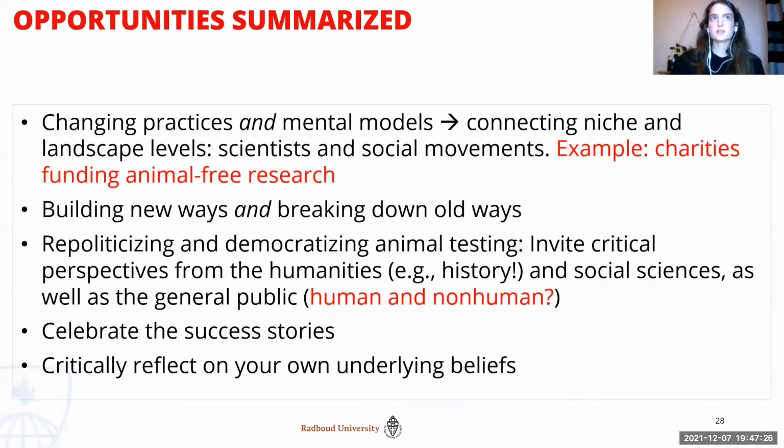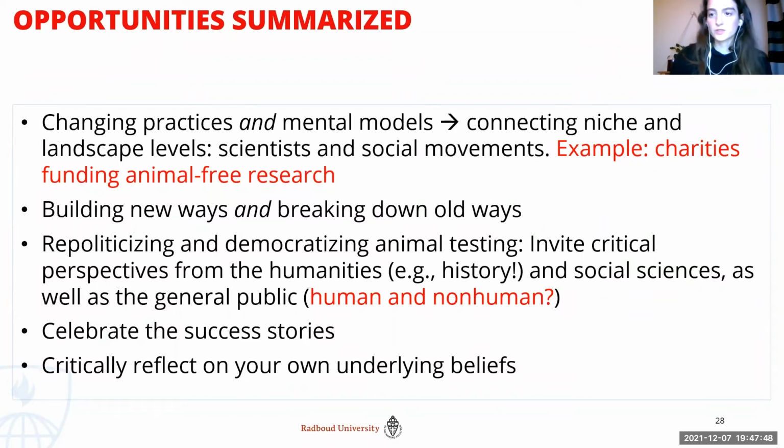I just want to say this is not an exhaustive list of all the opportunities and barriers out there. This is just some things that I identified from my historical research. Many of those are, of course, also in other studies, but I'm sure there are also other opportunities out there that can be added to the list.